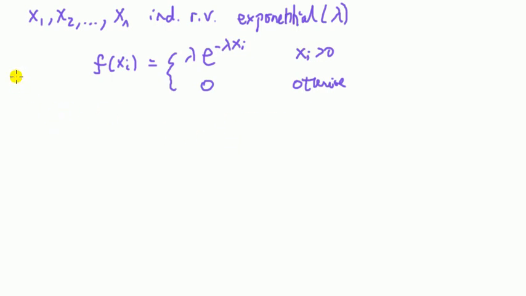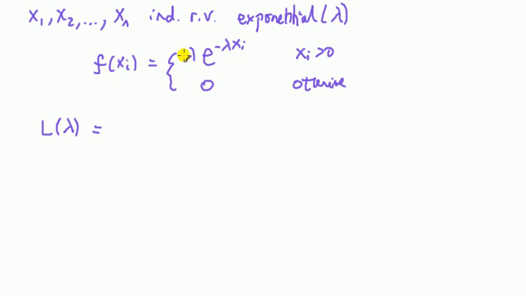So let's write down the likelihood, really slowly. The parameter here is lambda. Before I wrote theta because that was just generic, but here it's actually lambda. So we write L of lambda, and that's equal to the product of the marginal PDFs.